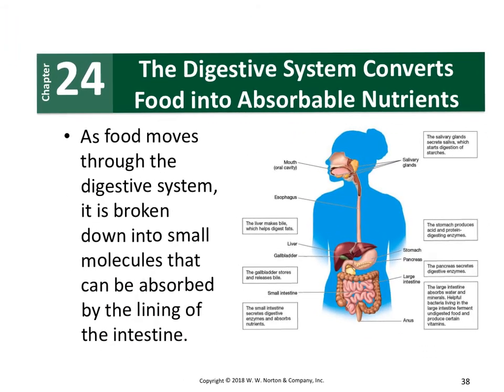The digestive system converts food into absorbable nutrients. As the food moves through the digestive system, it's broken down into smaller molecules that can be absorbed by the lining of the intestine. So, as it goes through the intestine, you go from larger to smaller tubes, especially in the small intestine.